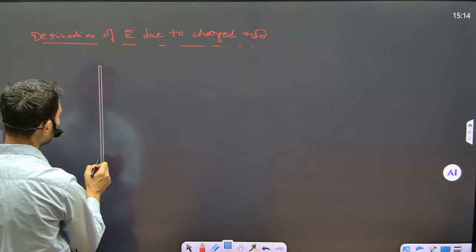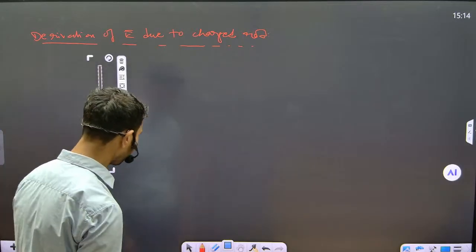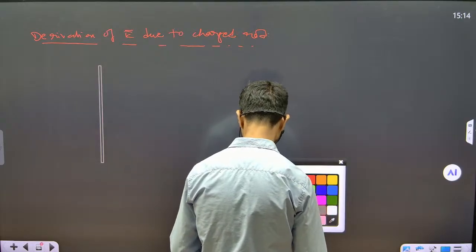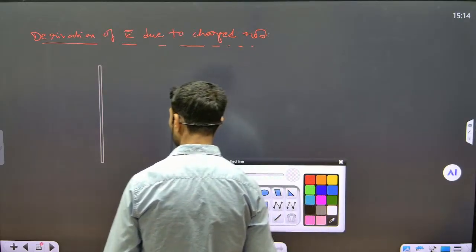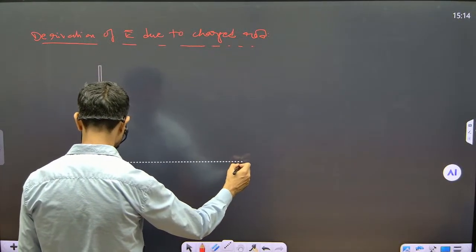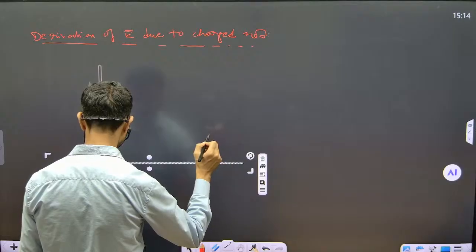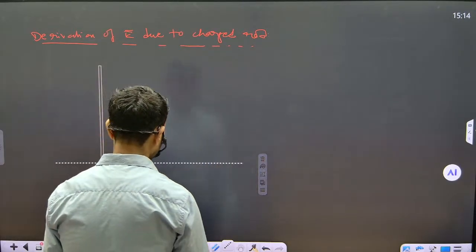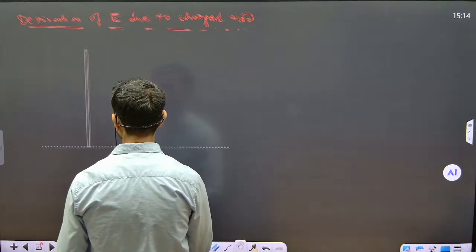Because of which I have to find out the electric field due to the rod. Let's draw the axis then. There you go. Nice looking axis here, guys. Perfect.